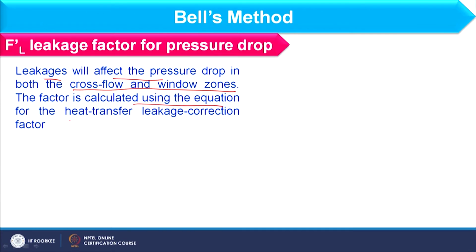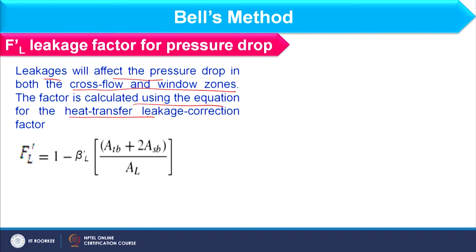The factor is calculated using the equation which we have considered in heat transfer calculation, but here we have a change in the beta L dash value. So, ATB and ASB values as we have obtained in the heat transfer coefficient calculation, the same you can use over here.